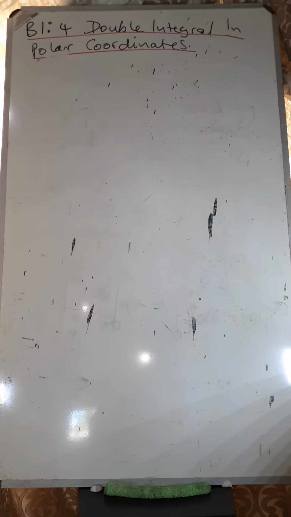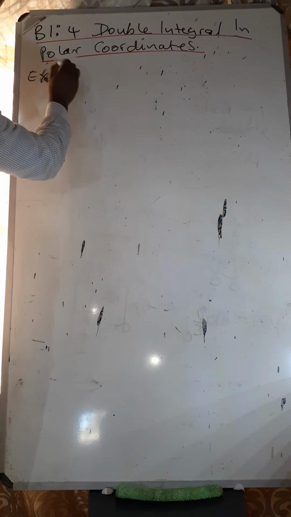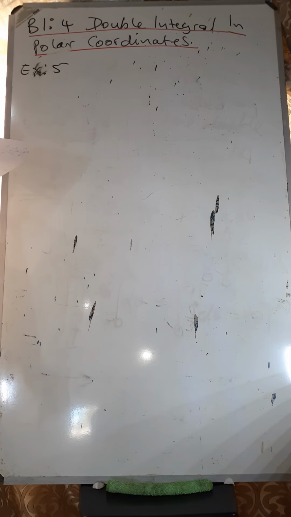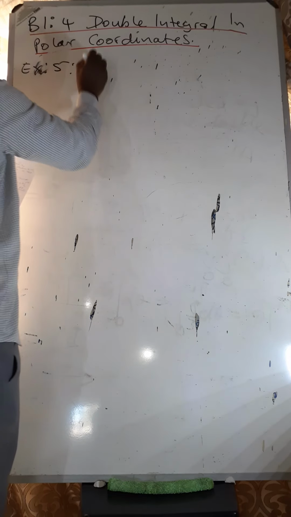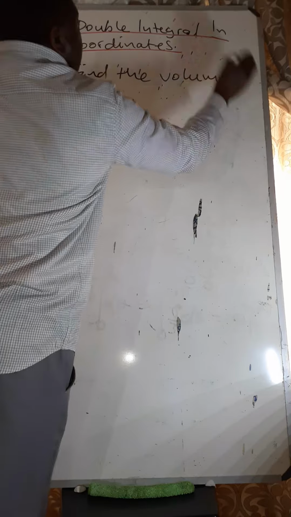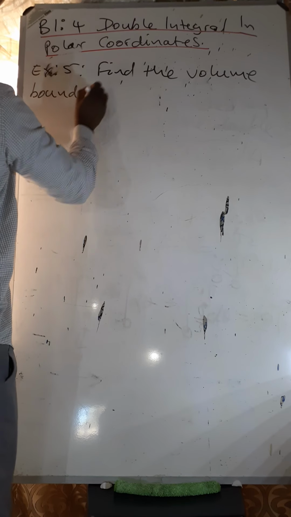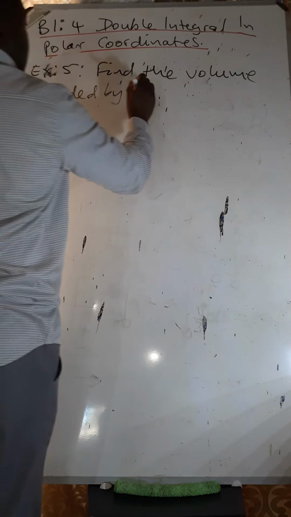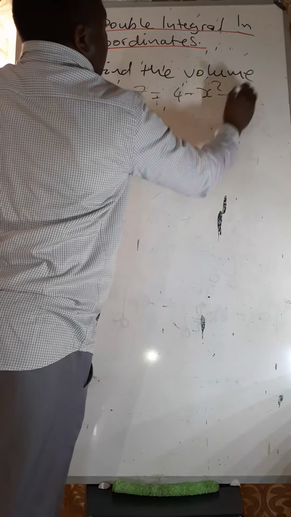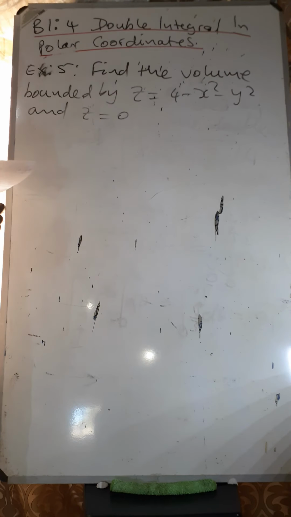Look at another example. Example 5. The question is, find the volume of a solid bounded by z is equal to 4 minus x squared minus y squared, and z is equal to 0.